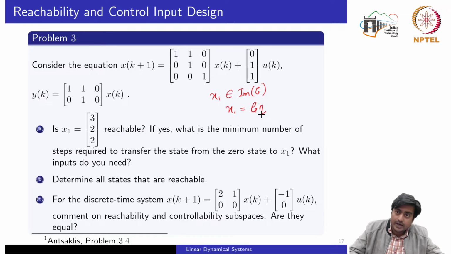So if we put in this x1 which is given here, we have the controllability matrix with us. Now if we are able to find that eta vector, then this state is reachable. One straightforward way to compute this eta would be to compute this directly, but we cannot take the inverse of the controllability matrix because it is a rank deficient matrix. It is singular, sorry, it is a singular matrix.